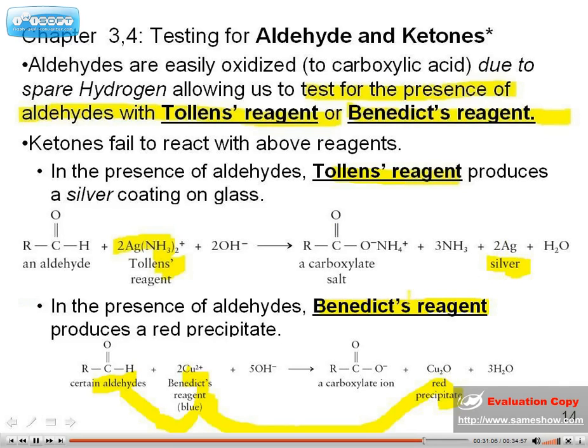In this case, the names are Tollens' reagent and Benedict's. The test is positive if aldehyde is present. And the qualitative observation you're looking for: Tollens' is a silver coating, Benedict's is a red precipitate that appears.